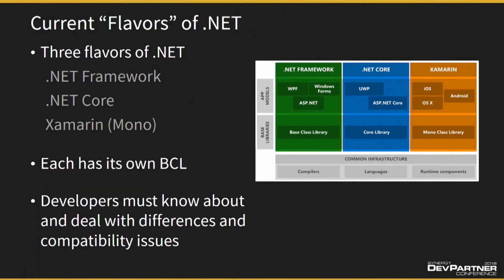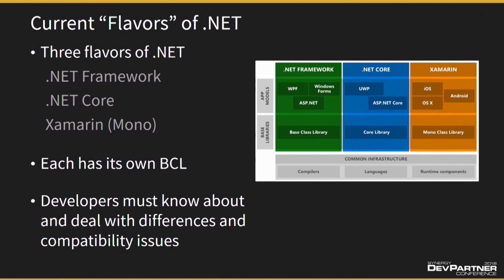So the current flavors of .NET, there's really three popular flavors of .NET these days. There is the .NET Framework, which is the full-fat Windows experience. That's where you're going to be if you're working in or living in WPF land or Windows Forms land or traditional ASP.NET land. And it has its own base class library with all of its capabilities, right?